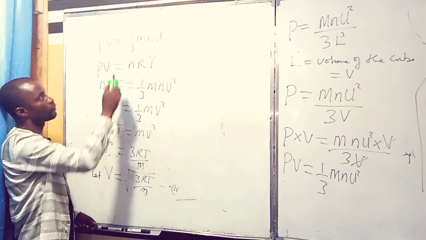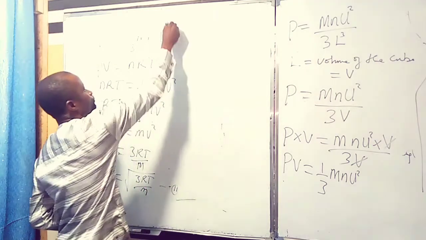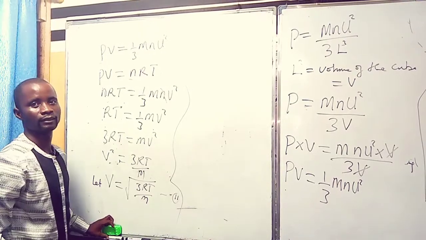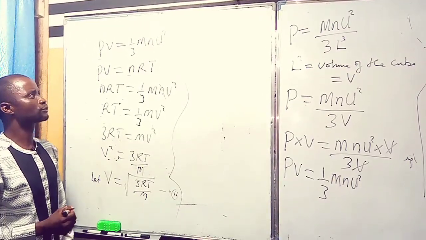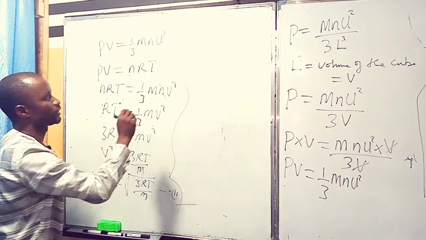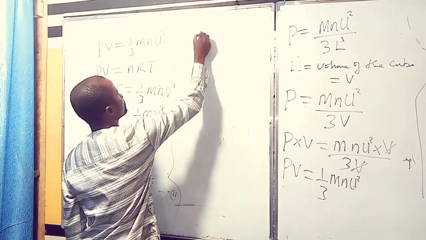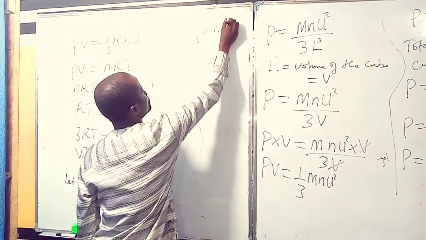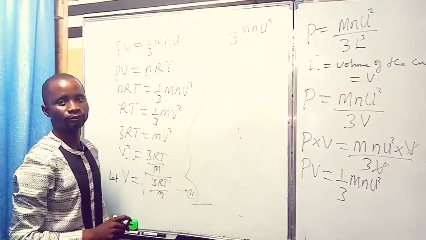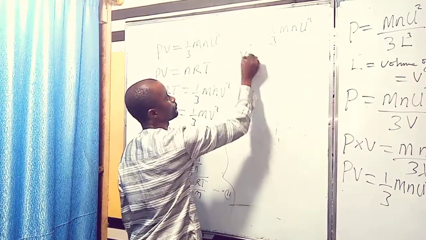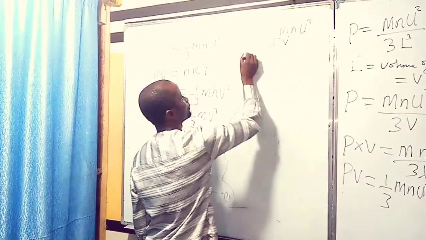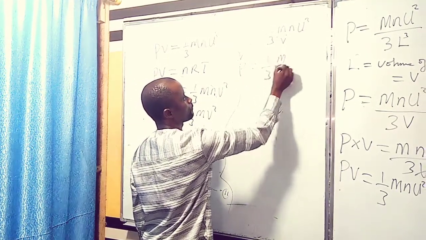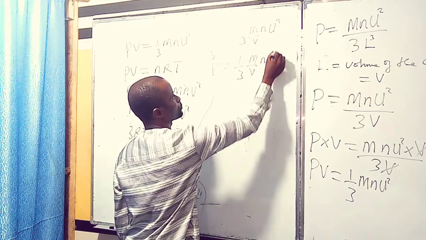Now, let's go back to this equation again. Let's relate it to the density. How are you going to do that? Go back to this equation again. Since PV is equal to 1 over 3 m n u square, divide through by V. That is PV over V. That is P now equal to 1 over 3 m over V n u square.